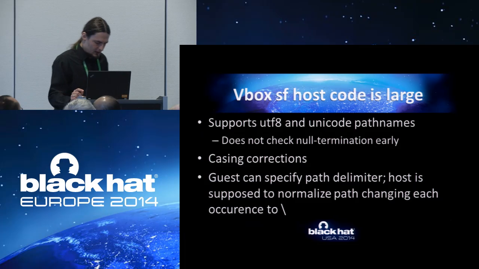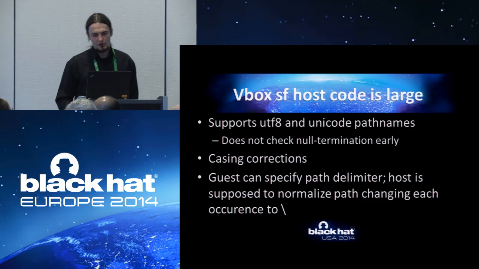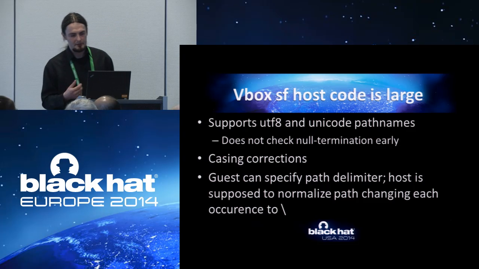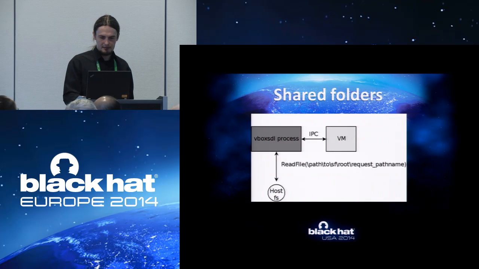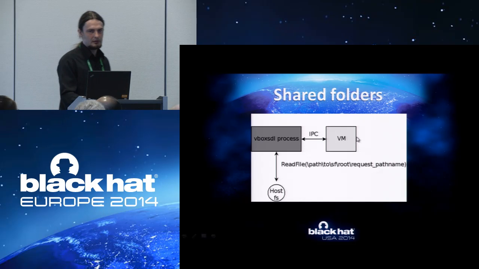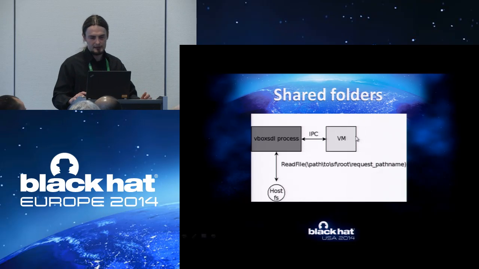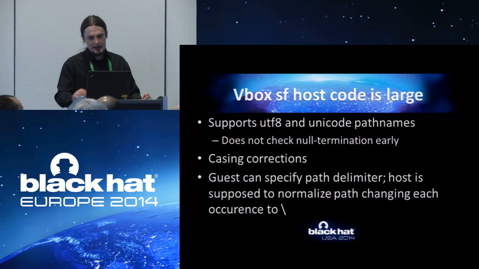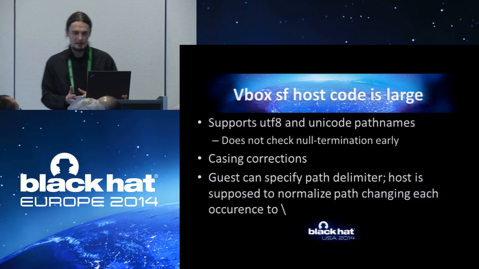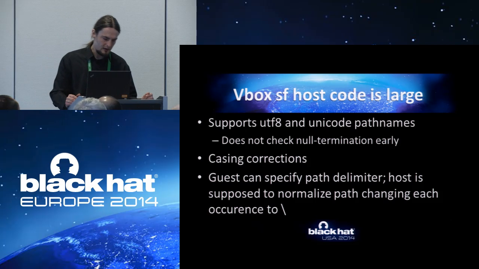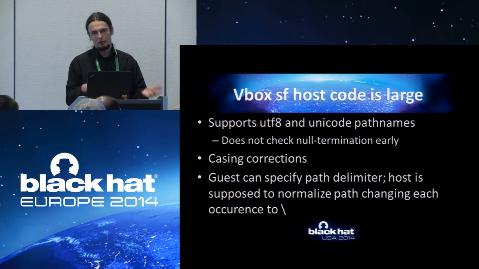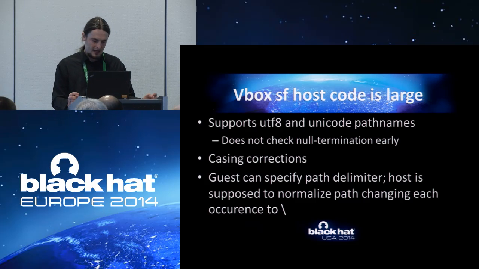The problem with this code is that it's unfortunately too large. For instance, it supports both UTF-8 and Unicode path names. So this path name here, the request path name, can be both UTF-8 or Unicode, right? And the guest can select which encoding it likes. And it does not check null termination early, maybe because it's difficult to tell whether a path name is null terminated if you don't know if it's UTF-8 or Unicode, right?